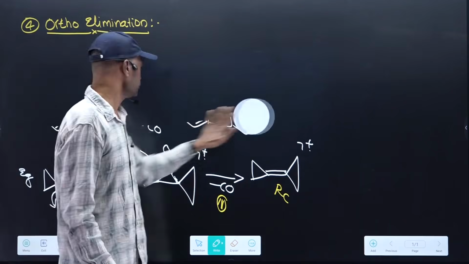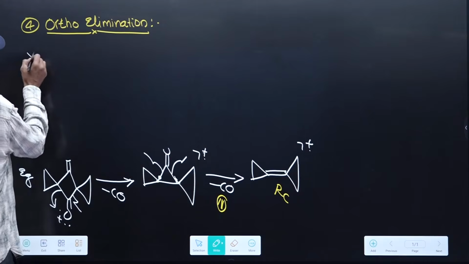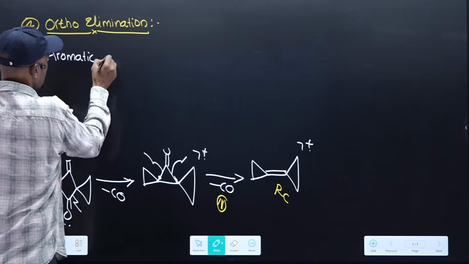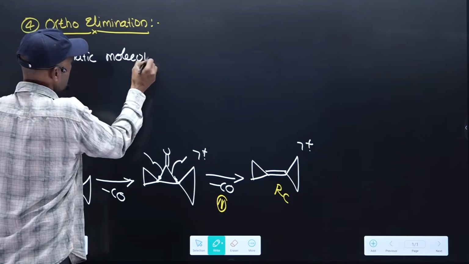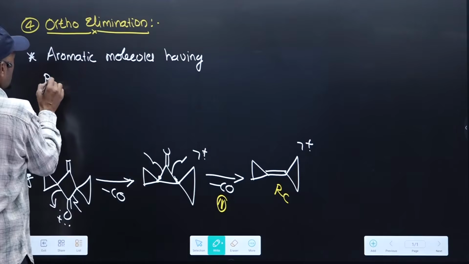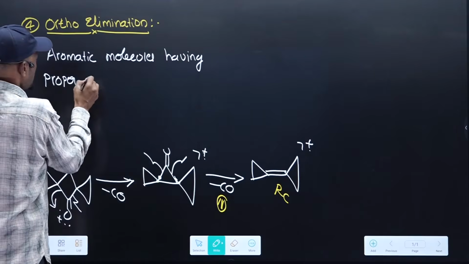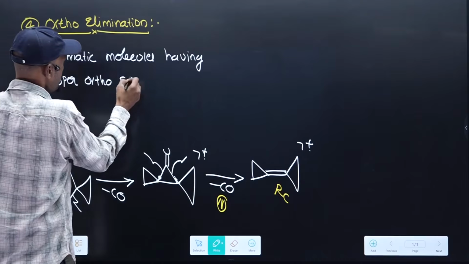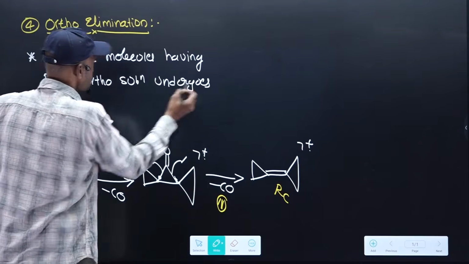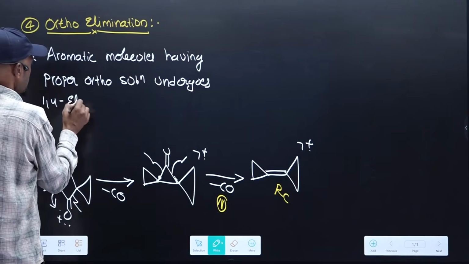Okay. So you write one statement. See, aromatic molecules having proper ortho substitutions undergo 1,4 elimination.